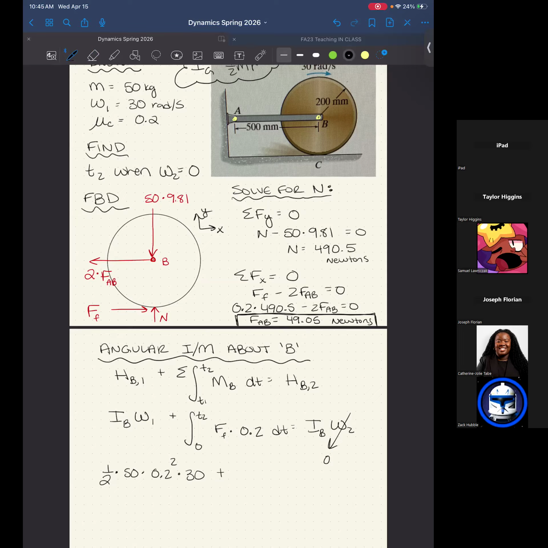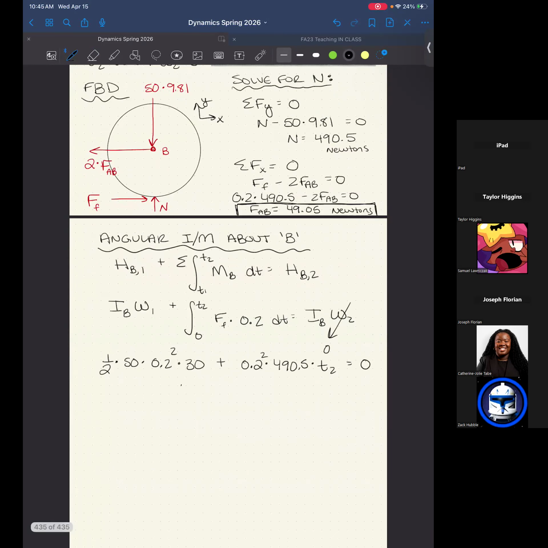Is it 30? Yep. Would be it for T2. 1.53. Very good.